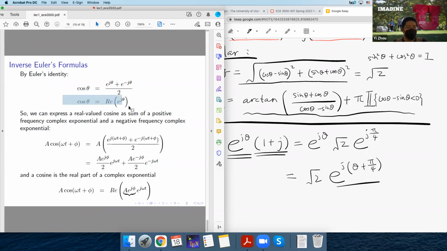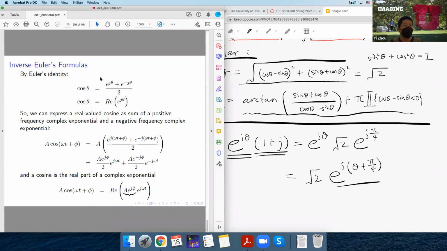And by utilizing the second characterization of cosine theta, we can write this cosine signal in terms of the real part of this complex exponential signal. But in this course, we will use the first one, the first inverse formula, very often.